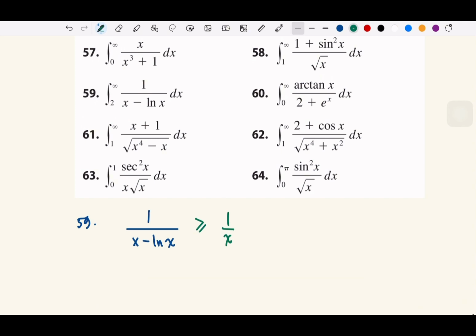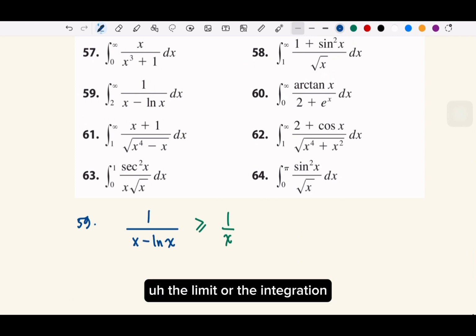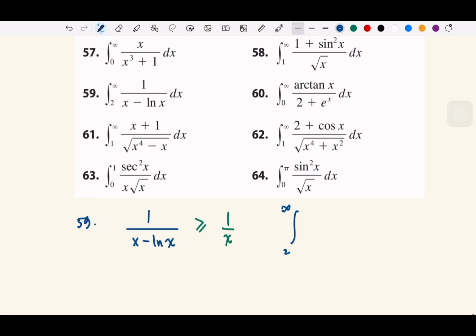Okay? So, since this is greater, the integral with this is divergent, right?